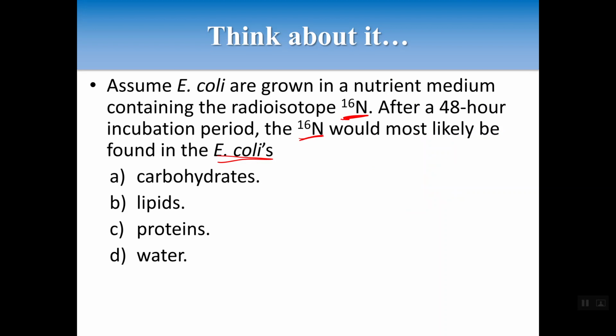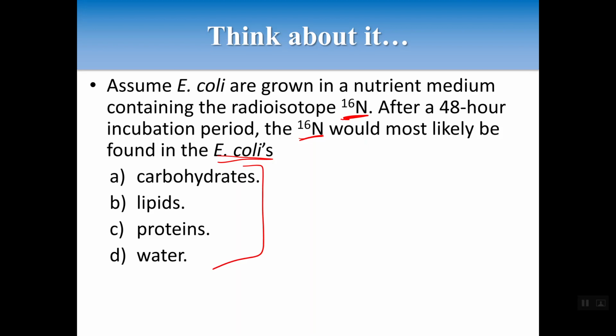Okay, so just need you to know that when E. coli grow, they take atoms in from the media, and they incorporate that into new cell pieces and parts, because remember, matter cannot be created nor destroyed, so it actually has to take the molecules from the media and then incorporate those into the new cellular components it's growing. So this is basically just a fancy way of asking you all which one of E. coli's large biological molecules, or which one of these choices, contain nitrogen.